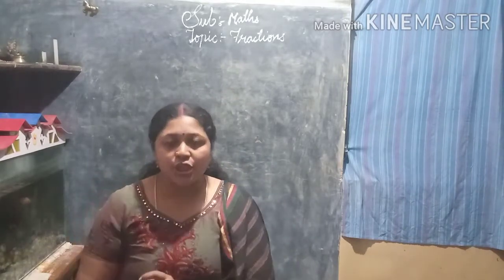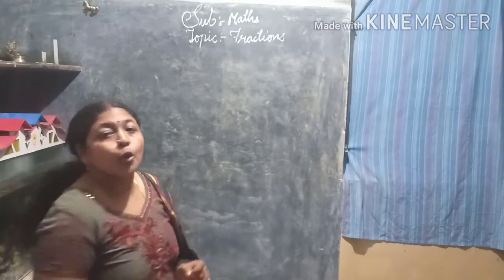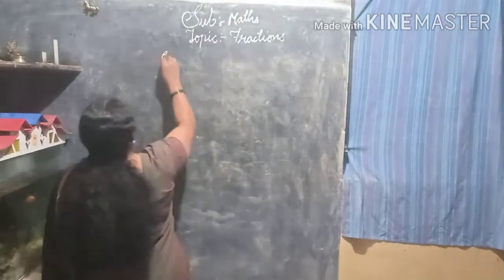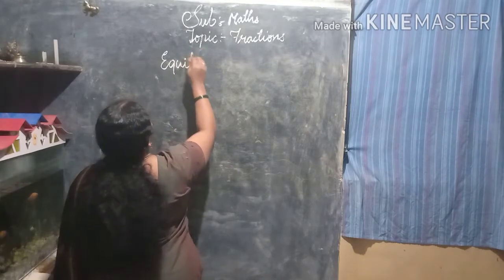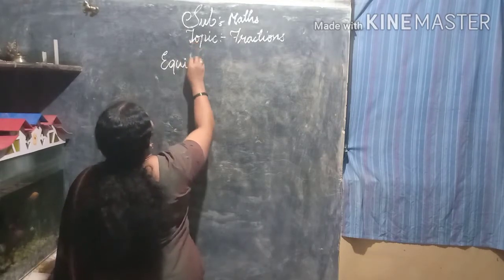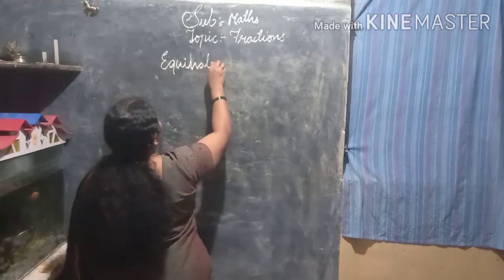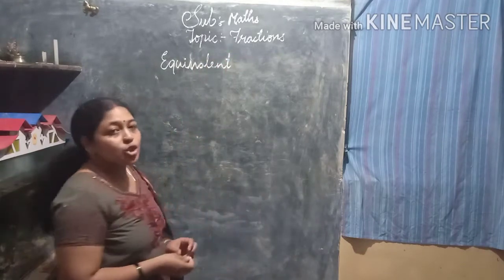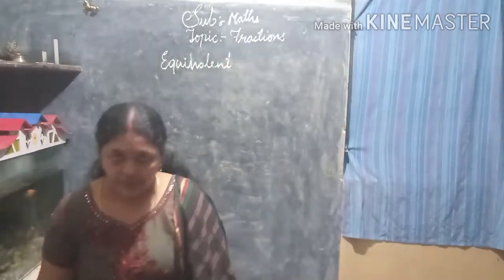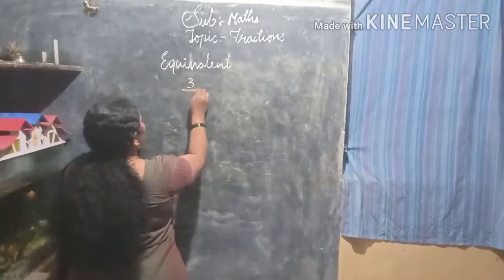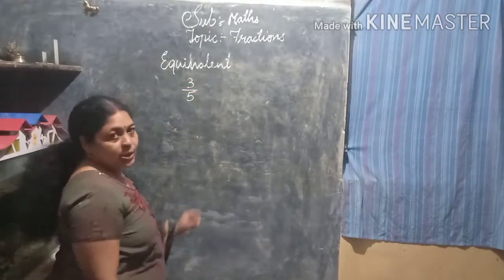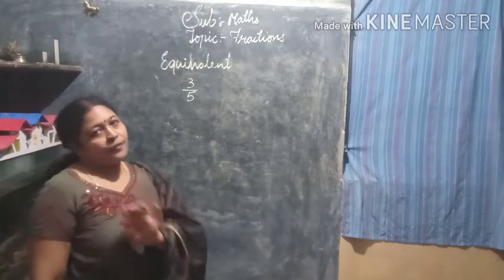In this third session, we will learn how to create an equivalent of the given fraction. So first let us take one number as 3/5. This is a proper fraction.